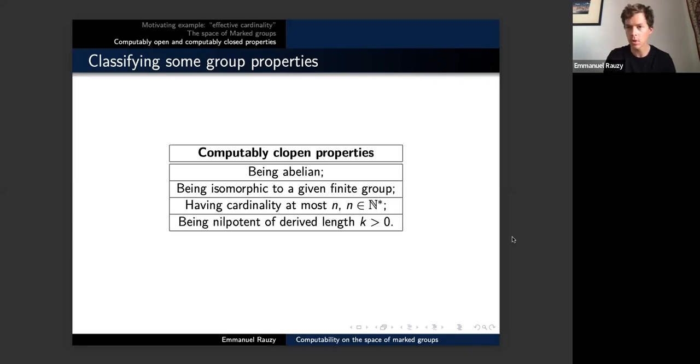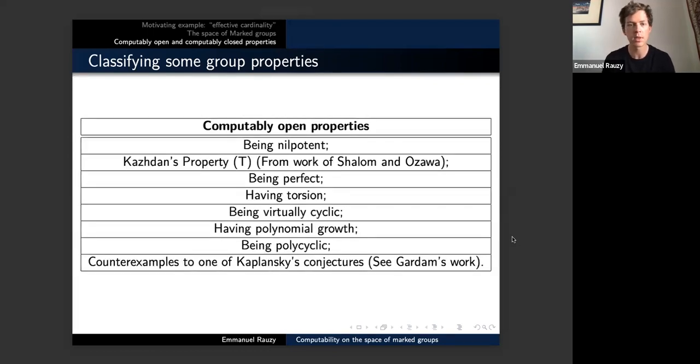These are all clopen properties. Now some open properties like being nilpotent or satisfying Kazhdan's property T, being perfect or having torsion, being virtually cyclic, having polynomial growth, being polycyclic, or being a counterexample to one of Kaplansky's conjectures.